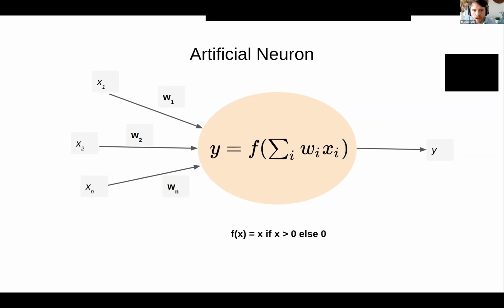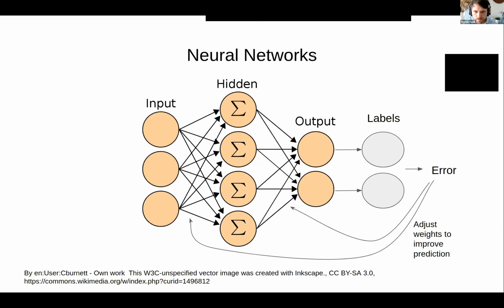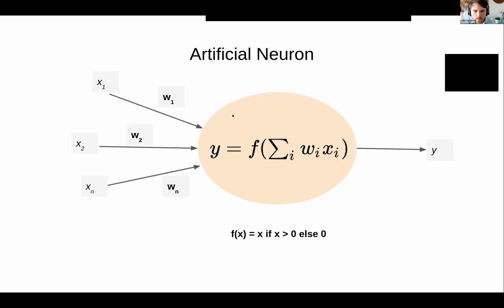You basically just multiply X by W. Then you transform it with this function f. f is actually very simple in practice. It often just returns x if x is greater than 0. Otherwise, it returns 0. This is called a rectified linear function. And then it passes this on to the other neurons to which it is connected.